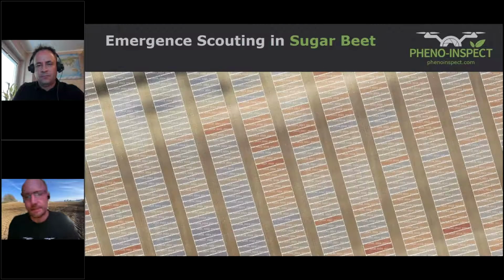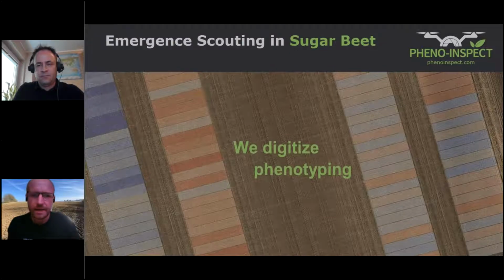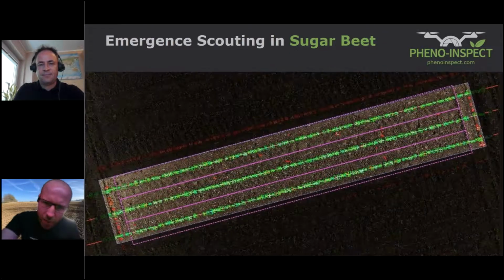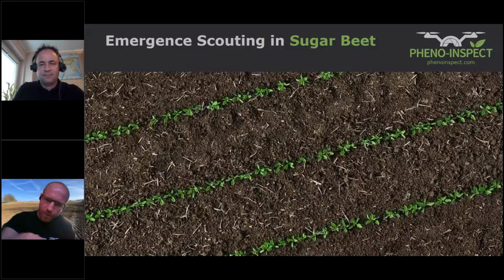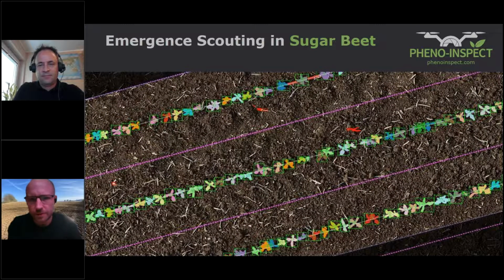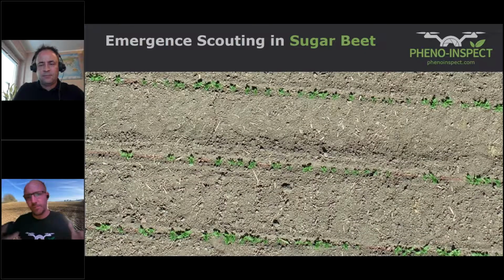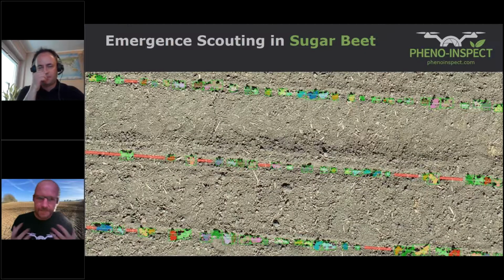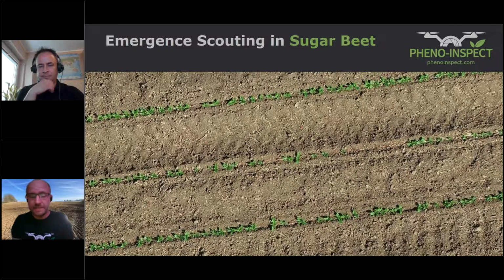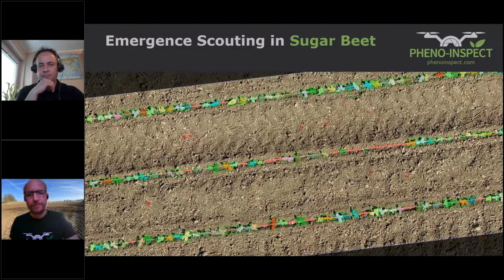This is something our engine can solve very robustly and reliably. What you also see are these red lines in the crop rows. These are the gaps where we also estimate the number of plants missing. We analyze the size of the different plants, the variation of size in the plot, and we estimate the number of weeds.